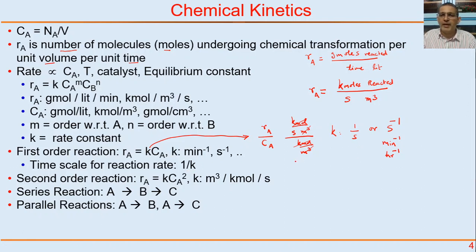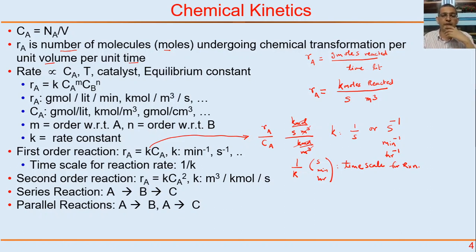Recall this 1 by K, this will have units of seconds or minutes or hours. It tells you the time constant, that is called the time scale for reaction. Do you recall? If it's a first order reaction, then 63.2% of the reaction happens within one time scale, one time constant.